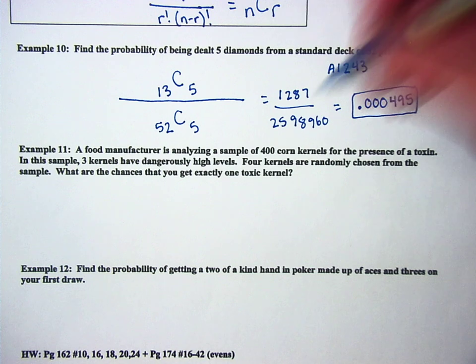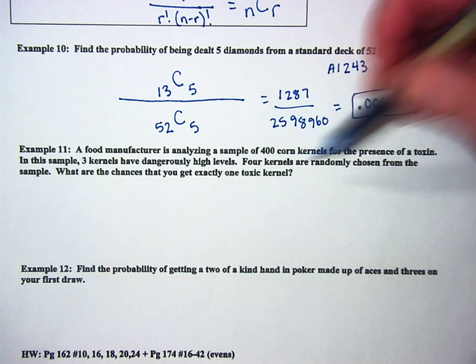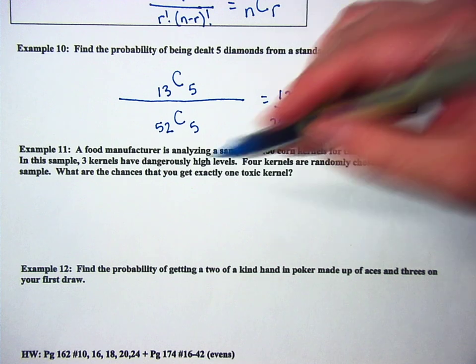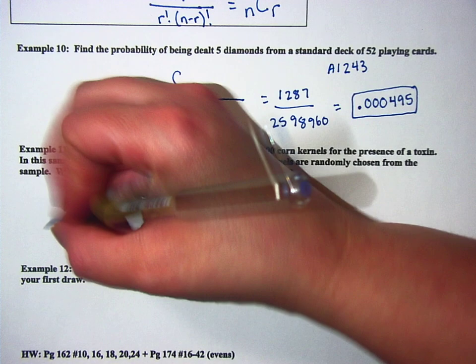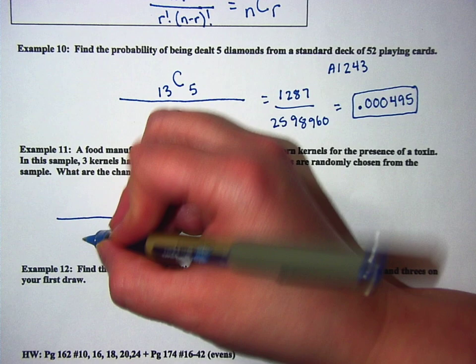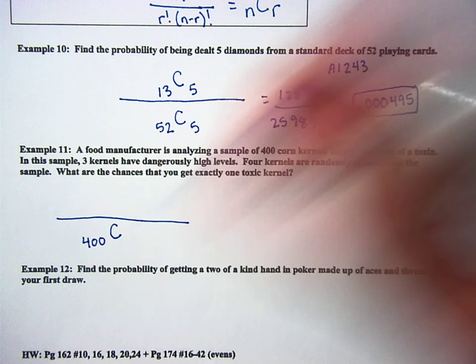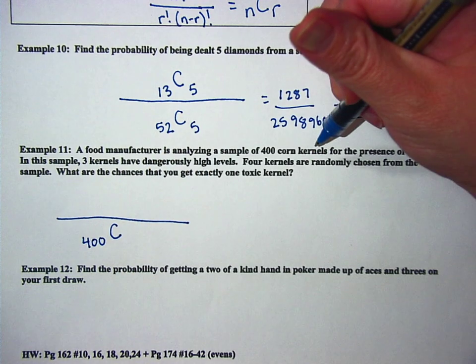Okay. So we have 3 that are dangerous and 4 are randomly chosen from the sample. What are the chances you'll get exactly 1 toxic kernel? All right, so out of my choices, I have 400 corn kernels, and if you're like, why would I care about this?